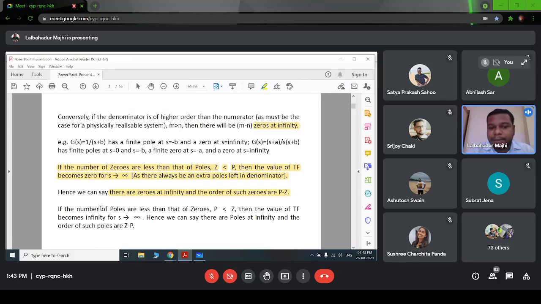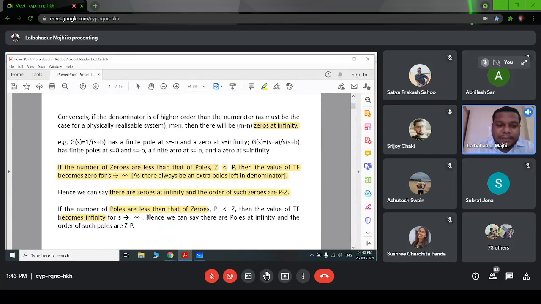Similarly, in the case of poles, if the number of poles is less than the number of zeros, the transfer function becomes infinite. We can define poles as the values of s for which our system becomes infinite.